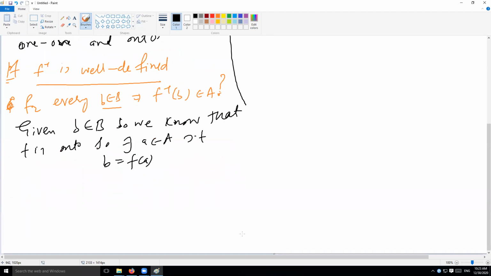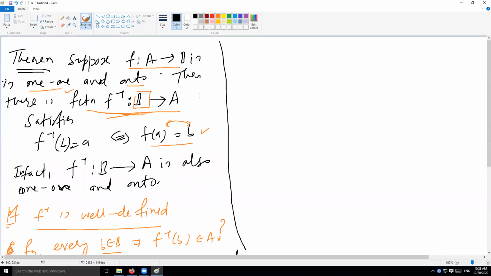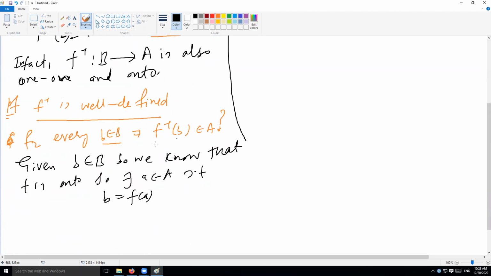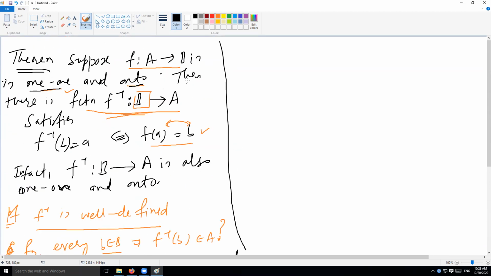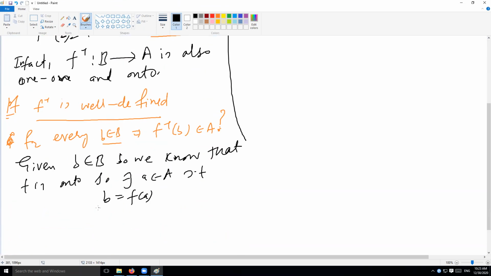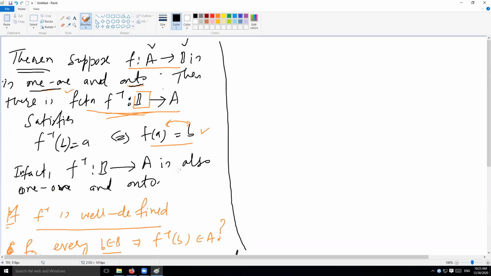Because f is an onto function, it is given to me that f is onto. f is one-one and onto, so it's onto. So if it is onto, then for every element here, I can find an element here such that b equals f of a. But it is given to us that whenever b is equal to f of a, f inverse of b is equal to a.